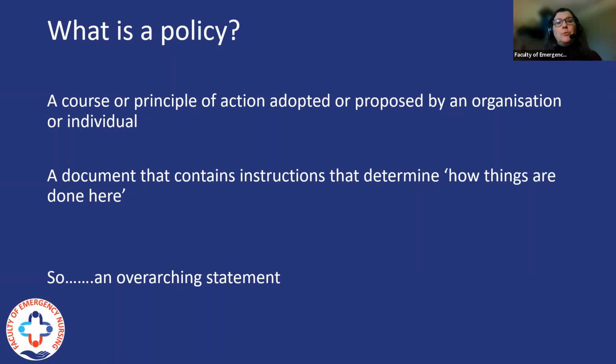Or you could look at a policy as a document that contains instructions that says how things are done here. So after the break, I've got an example for you, a real example. As I was choosing my example, I've chosen it for a specific reason, but it was really interesting that this example says how things are done.